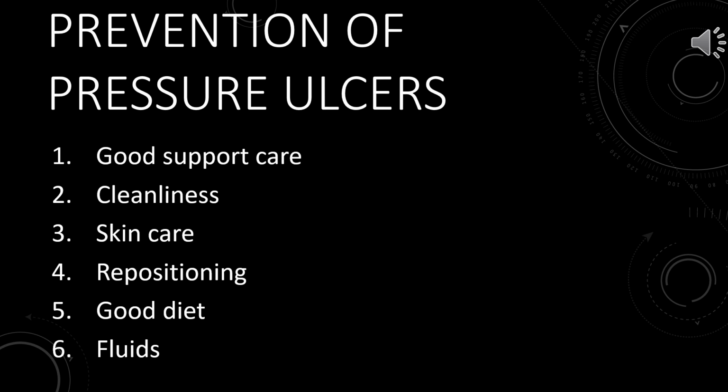Clients at risk for pressure ulcers are placed on a surface that reduces or relieves the pressure. For example, foam, air, alternating air, gel, or air mattresses. The healthcare team decides on the best surface for the client.